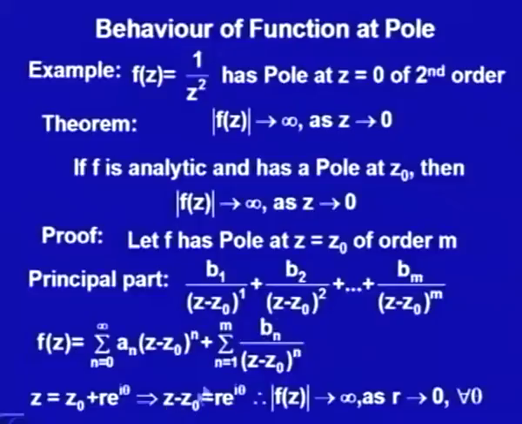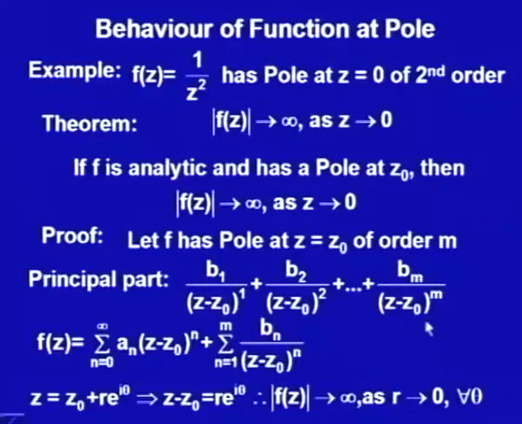Now, if I write out all the terms, I would get r e to the power i theta, r square e to the power 2 i theta, up to r to the power m e to the power i m theta. Whatever be this theta, as r approaches 0, for every theta these terms would approach infinity, that is, this principal part will approach infinity.